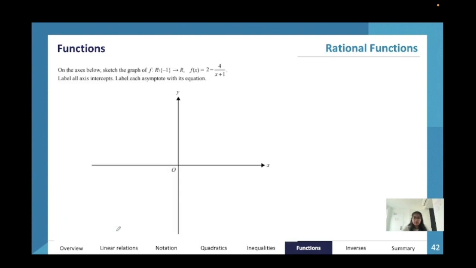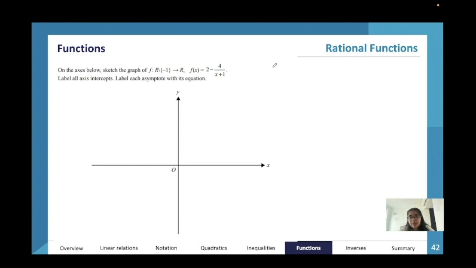So let's do an example here. You might want to pause this and have a go at it by yourself. On the axes, sketch the graph of f of x equals 2 minus 4 on x plus 1, for all real numbers x not equal to -1. Label all axes intercepts, and label each asymptote with its equation. Okay, perfect.